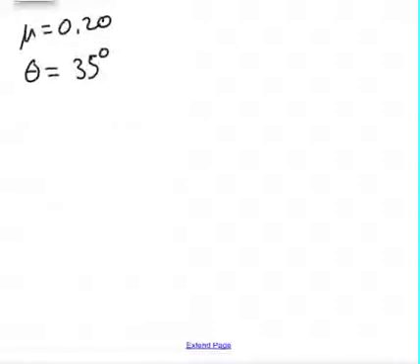So, our acceleration can be found once we give our values. We will take the coefficient of friction to be 0.2. We will set the angle to be 35 degrees. And we'll also say that starting velocity as it goes up the incline is 12 meters per second. We can now calculate the acceleration.